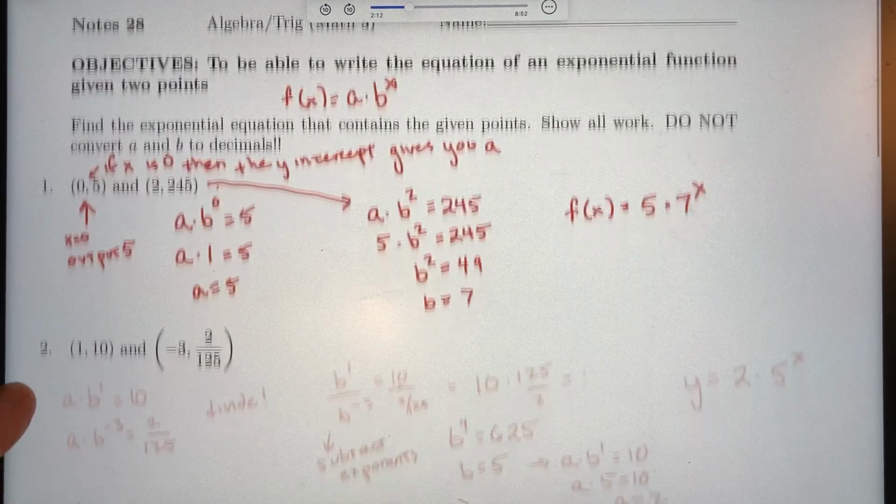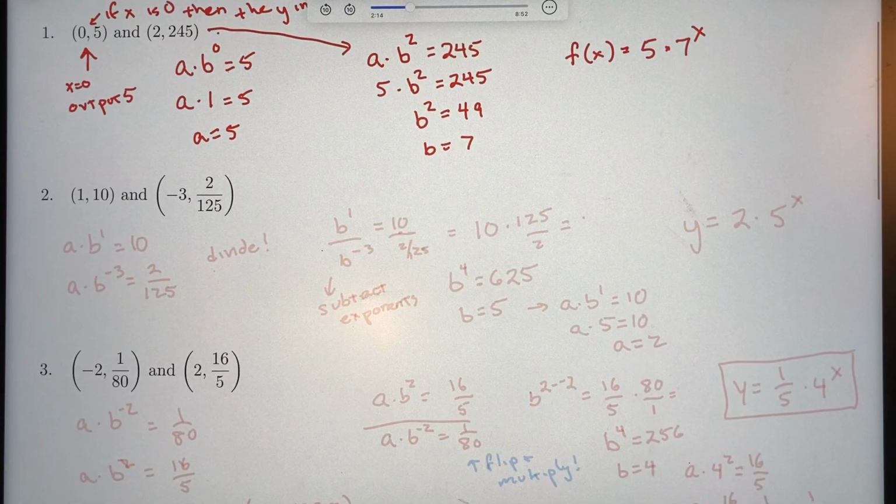Okay. All right, so what do we have here? A times b to the 1 is 10. And then a times b to the negative 3 is 2 over 125. Well, that's special. Let's divide.